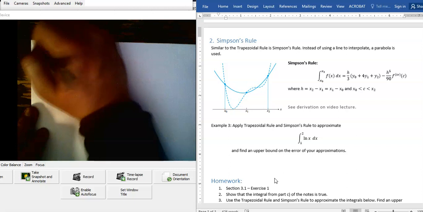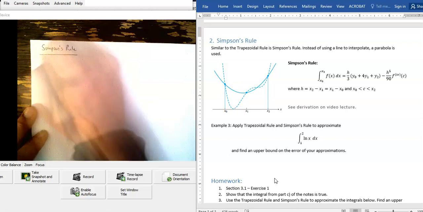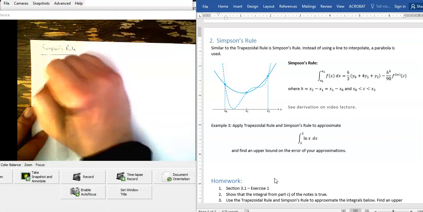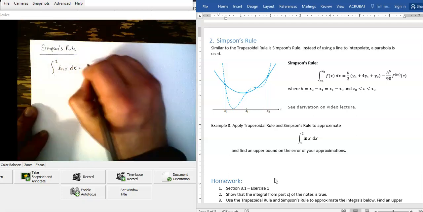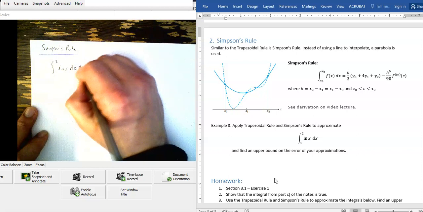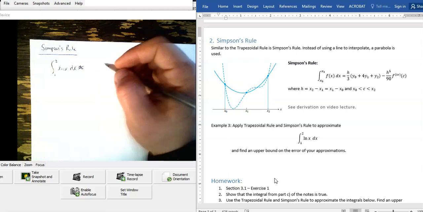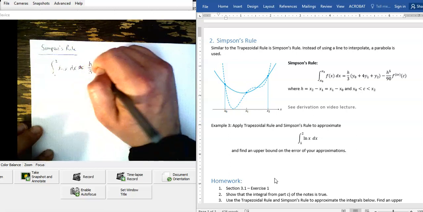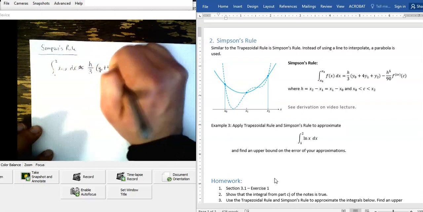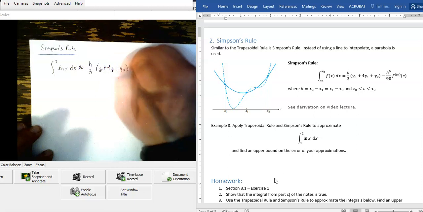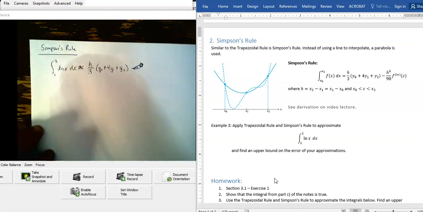For Simpson's rule, we know that the integral from 1 to 2 of natural log of x dx is approximated by h over 3 times y naught plus 4y1 plus y2 minus, well, we'll take care of that in a bit, okay?